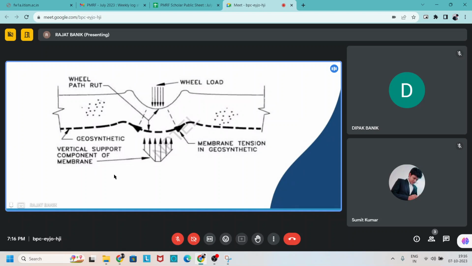We resist the wheel load due to the membrane tension, and also due to the vertical load, vertical reaction.